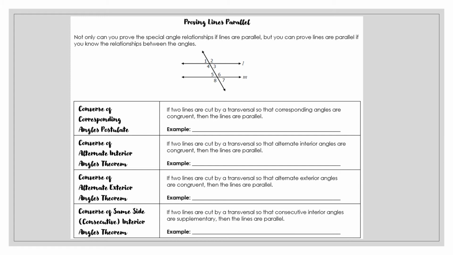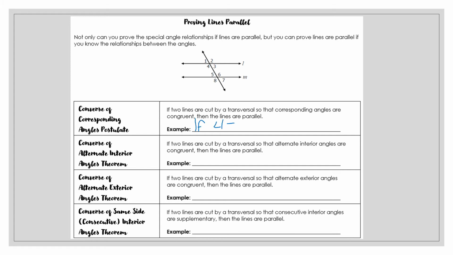So our corresponding angles postulate says, if the lines are parallel, then corresponding angles are congruent. The converse of that says the opposite. It says, if your corresponding angles are congruent, then you know your lines are parallel. So for an example, I'm just going to pick one pair of corresponding angles.